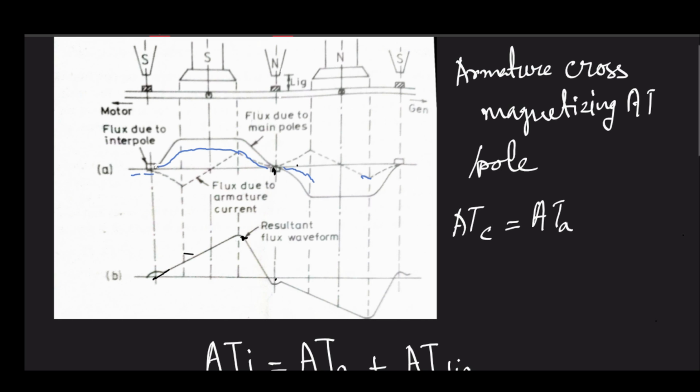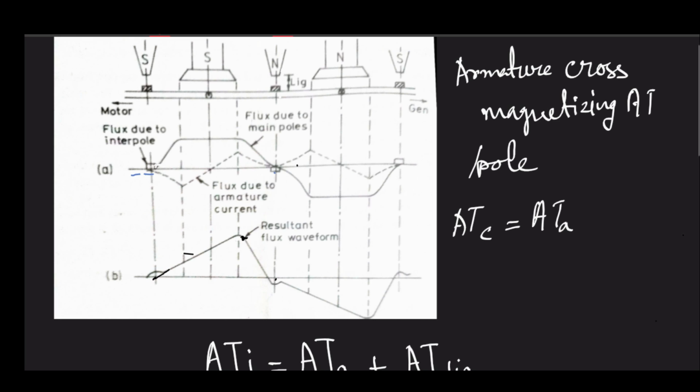Make sure you understand one thing properly: the armature conductor never experiences the field winding flux or the armature flux separately. It always experiences the resultant flux. So if either the field flux is weak or the armature flux is too strong, in both cases it results in considerable distortion in your flux pattern.